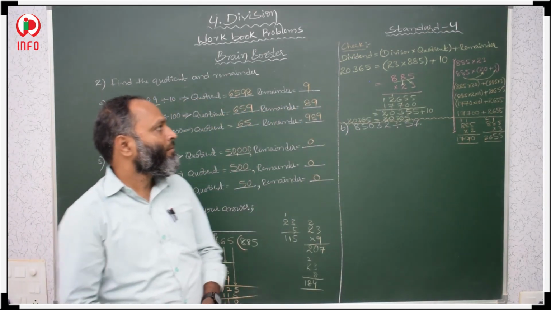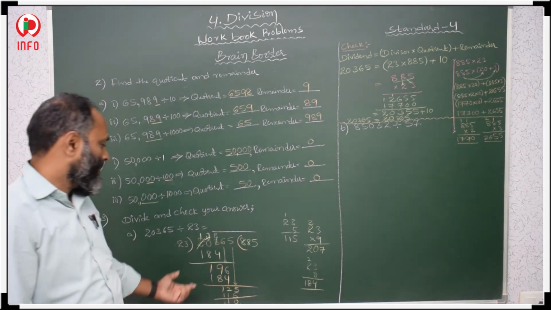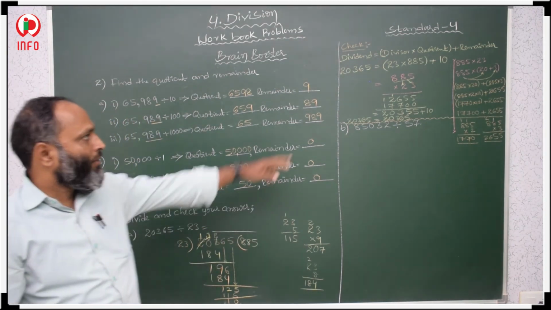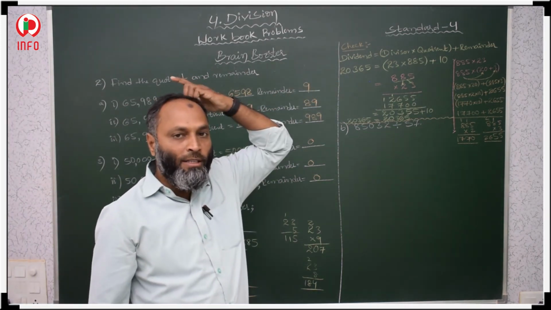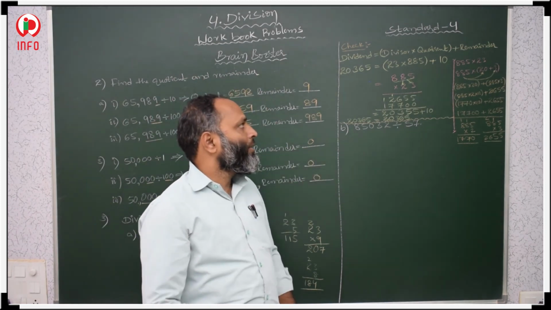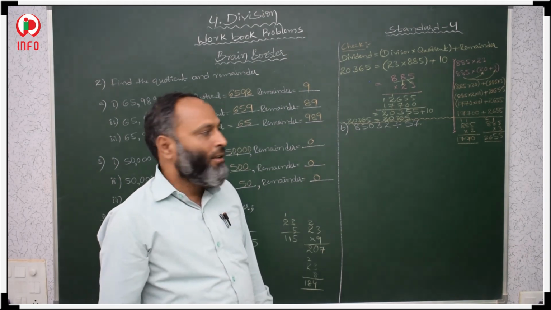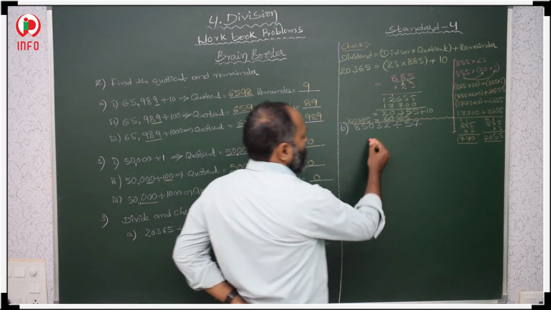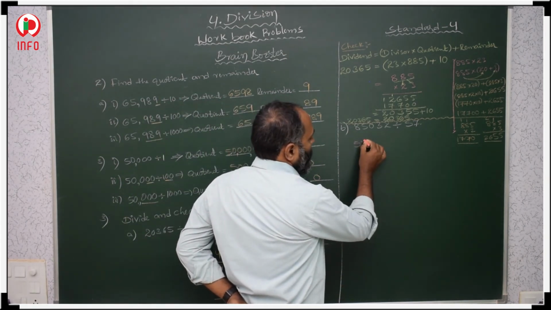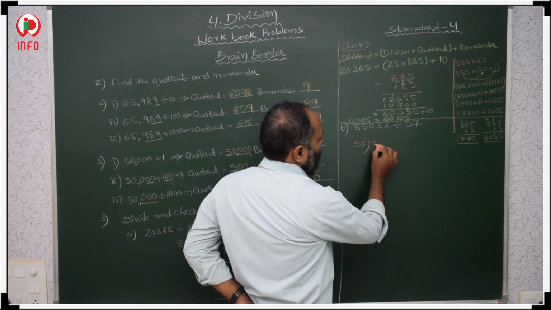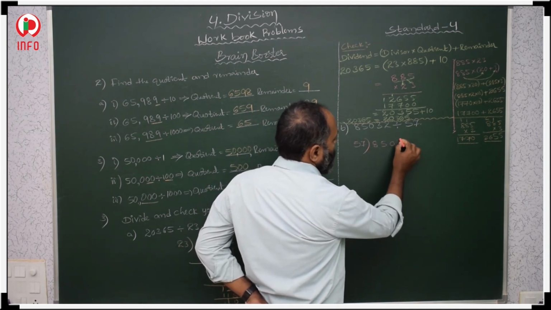Okay. So first we have to find the division. Then after that, according to our formula, dividend is equal to divisor into quotient plus remainder. Now we have to divide 85,032 by 57.